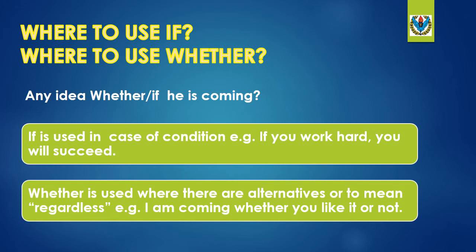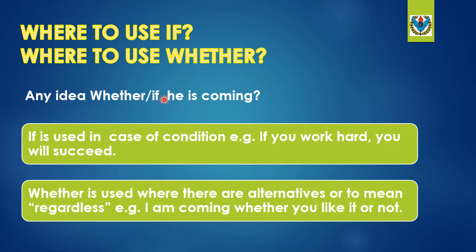So while converting an interrogative sentence into indirect speech, we have learned that we will use either if or whether to join the two speeches. Now the question arises where to use if and where to use whether. In most cases, if and whether can be used interchangeably. Look at this sentence.